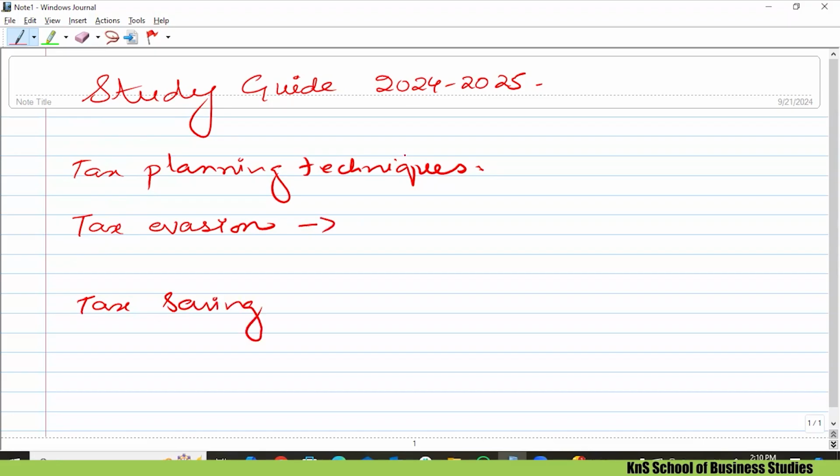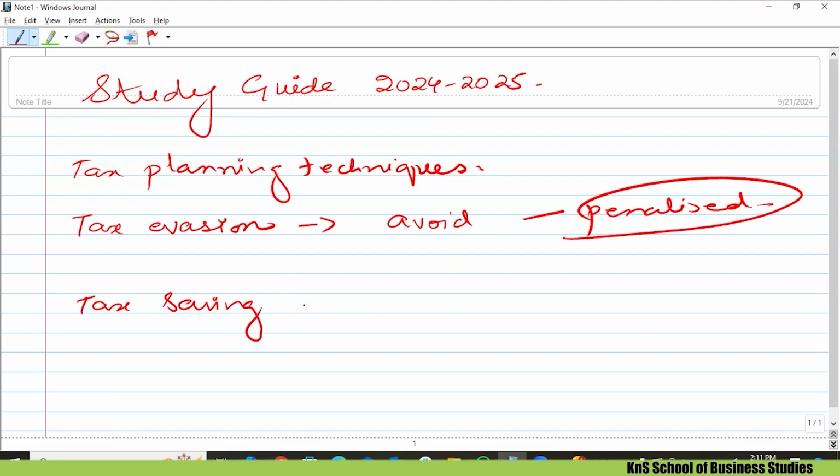Tax evasion is when, by any illegal means, I'm trying to avoid my tax. For that, I will be penalized if caught. And tax saving is when I'm not using any illegal means. I'm just using my smart mind and legal ways to save my tax. Those are my techniques, so that is allowed.